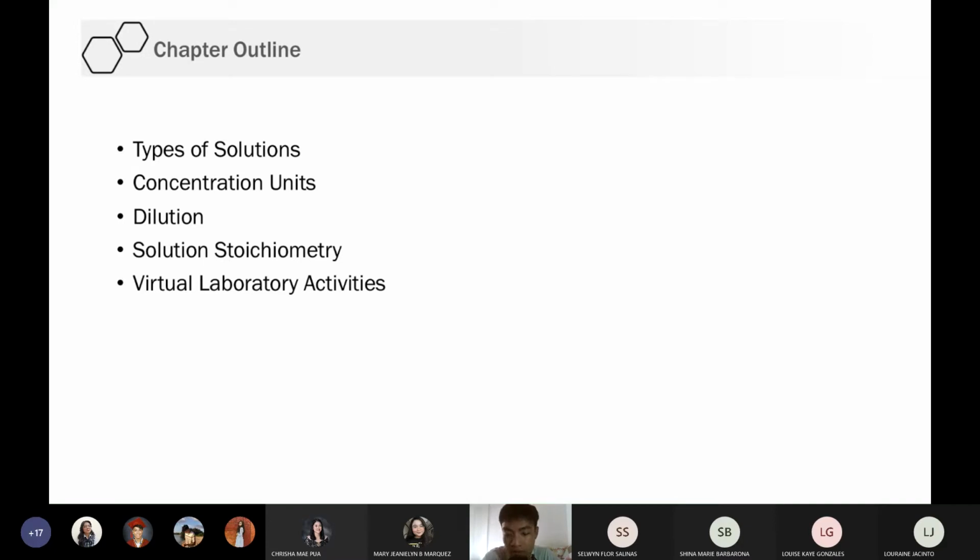This is the qualitative aspect of this chapter. And then the remaining last part would be the quantitative aspect. So that is how our analytical chemistry always is. It has a qualitative aspect, then it has a quantitative aspect.